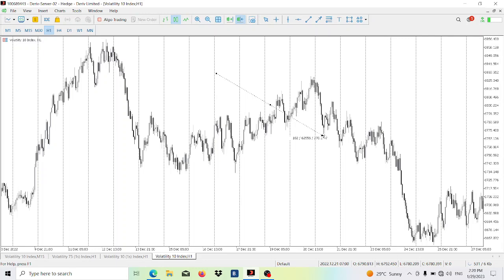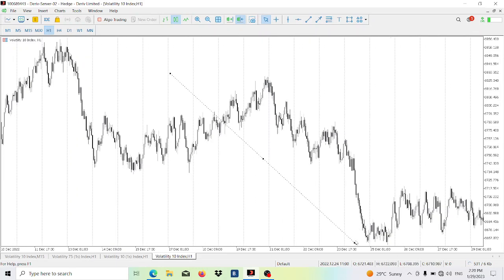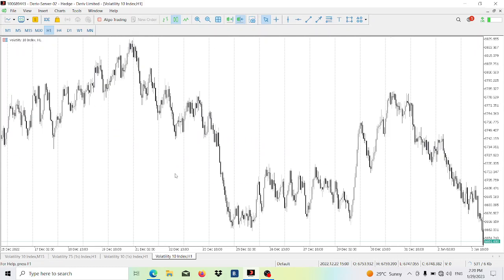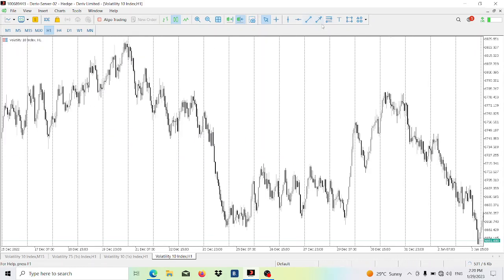We have a low. We failed to make a new high, creating a lower low, lower high, lower low, lower high, lower low. Then, mind you, this was a bit of a sideways market.